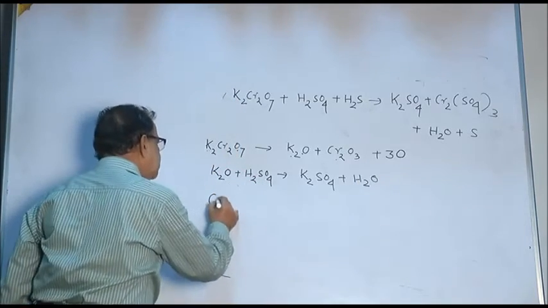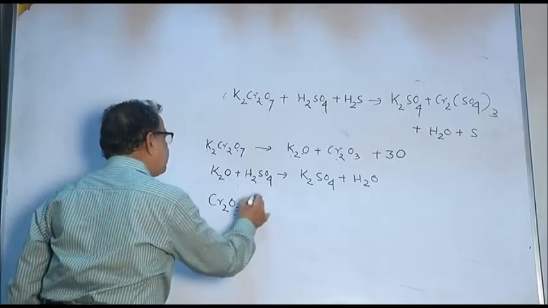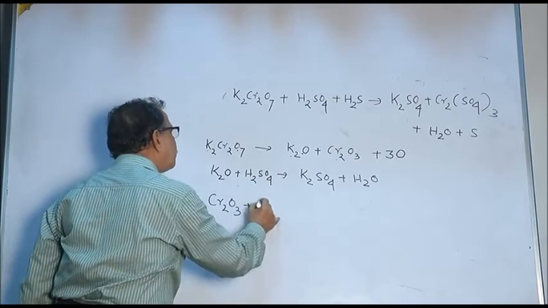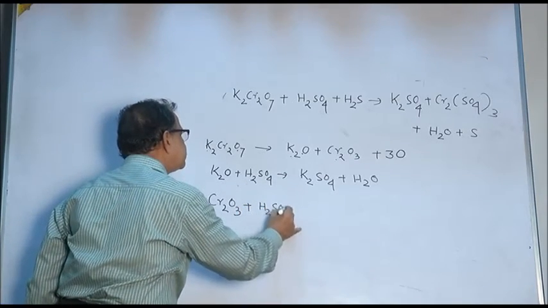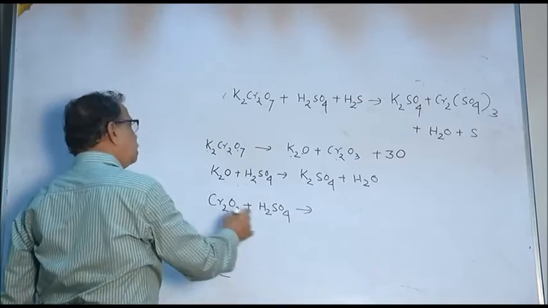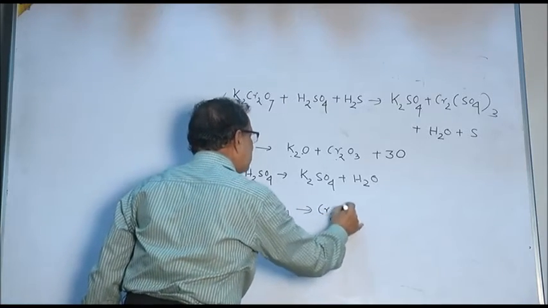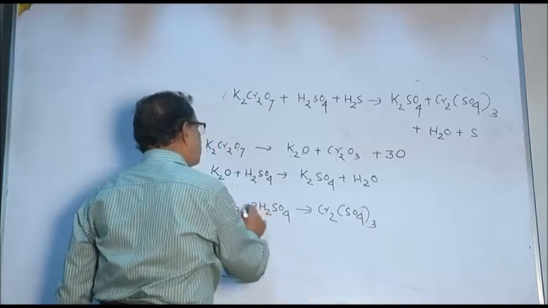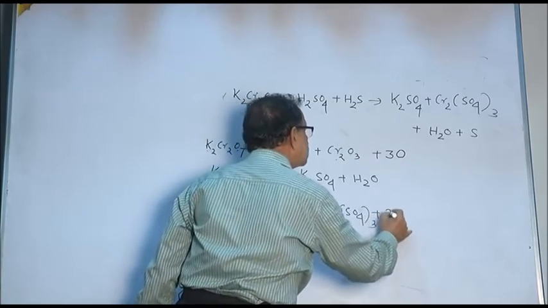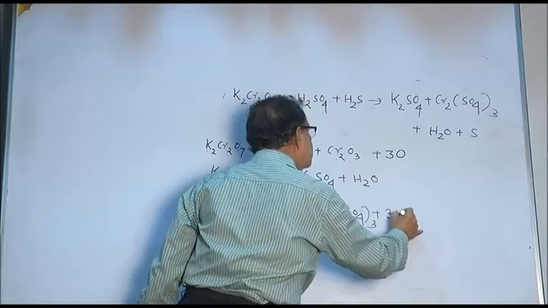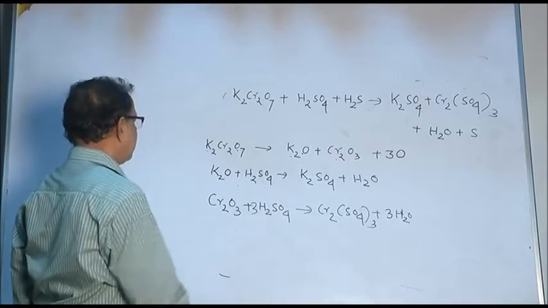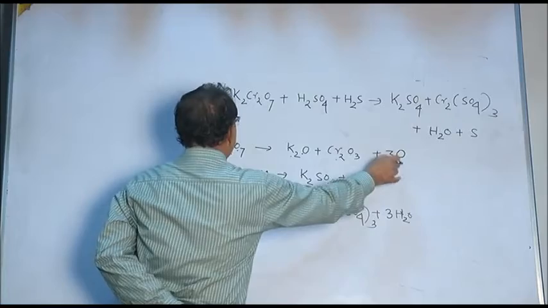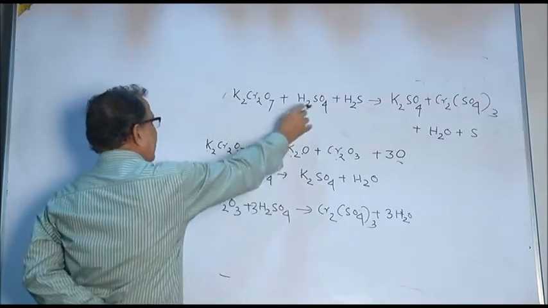Cr2O3, it is balanced, plus sulfuric acid forms Cr2(SO4) whole 3 plus 3H2O, balanced by the hit and trial method. Then O is there, H2S is there.